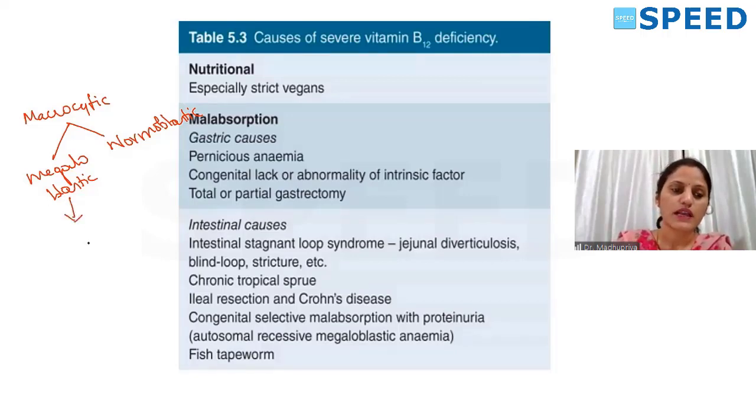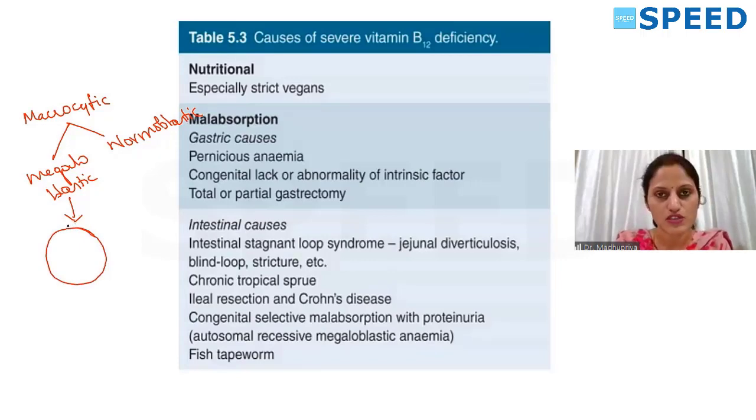What are these megaloblasts? Here in megaloblastic anemias, we are speaking about vitamin B12 and folate. In this vitamin B12 and folate deficiency, there is an asynchrony between the nuclear and the cytoplasmic maturation. That means there is a lag in nuclear maturation. They should have gone hand in hand, but there is a lag in nuclear maturation. So what will happen to the nucleus?